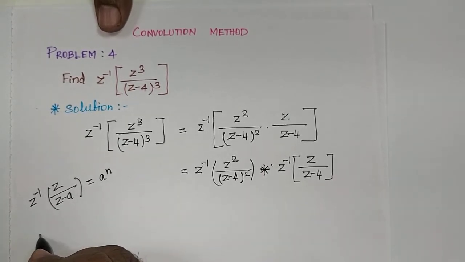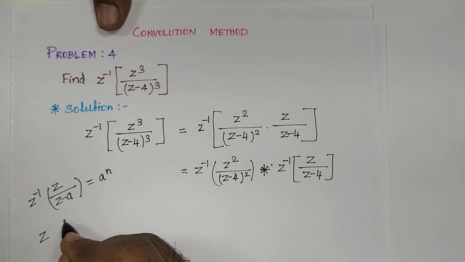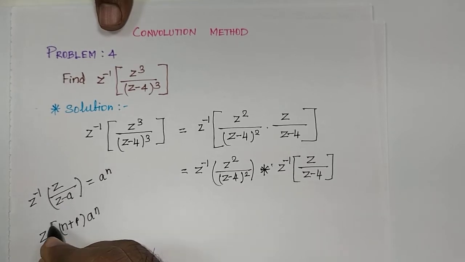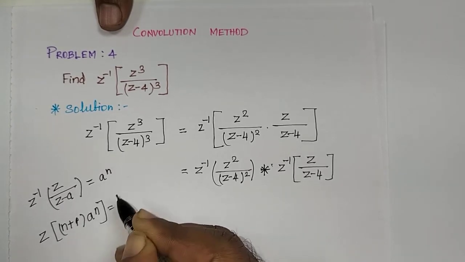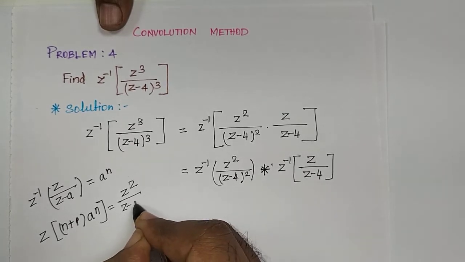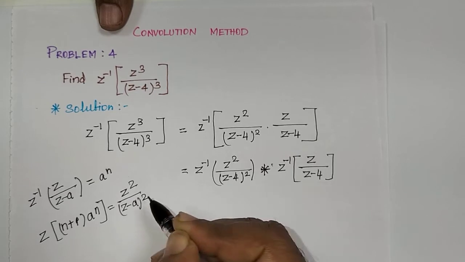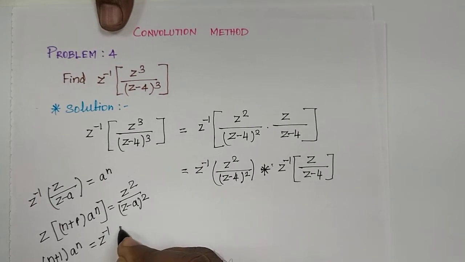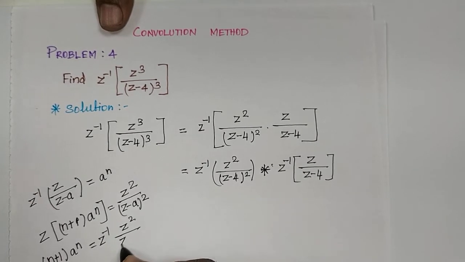You should remember this formula: n plus 1 into a power n is equal to z inverse of z square divided by z minus a whole square.